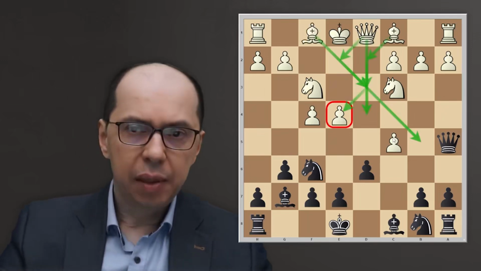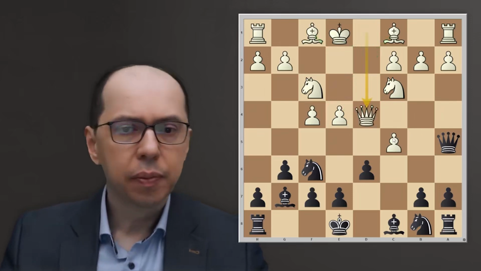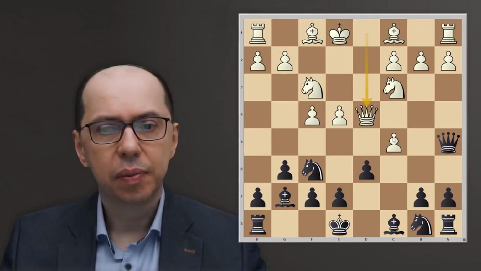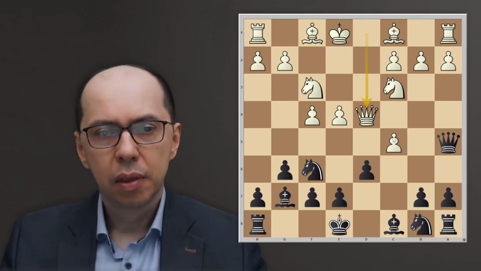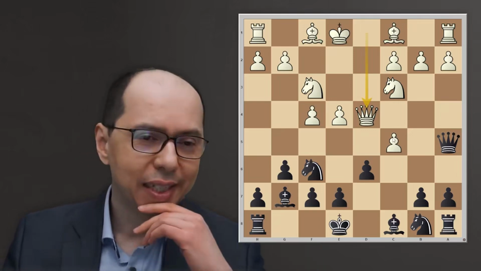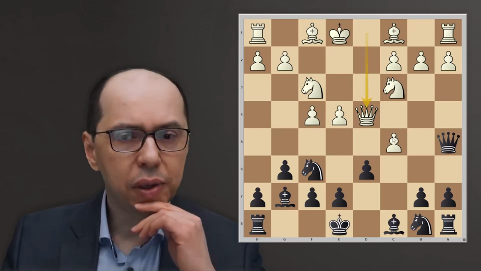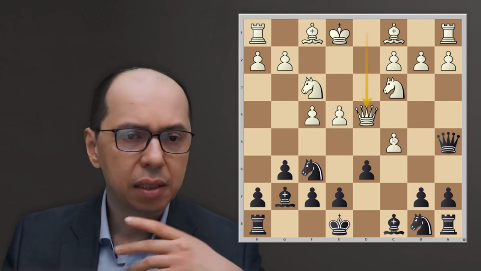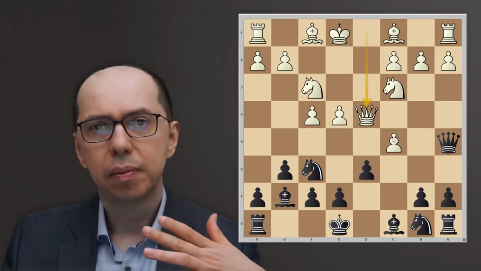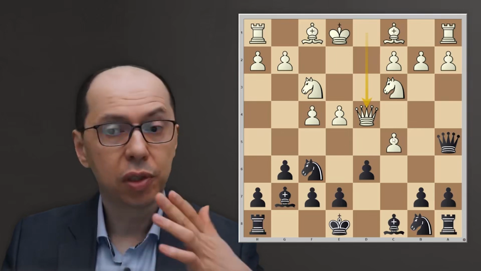The other moves, for instance, queen d4, as I said, it's a weird looking move, and I hardly knew about its existence until I was preparing materials for this course.